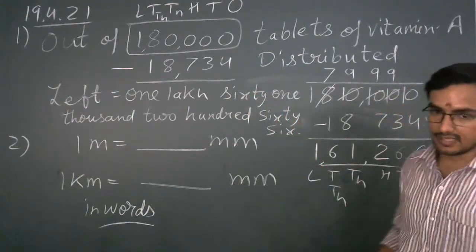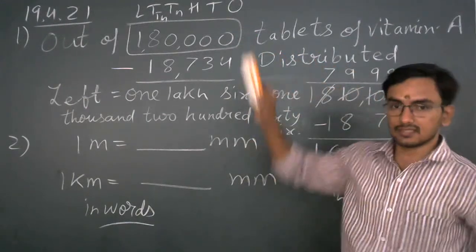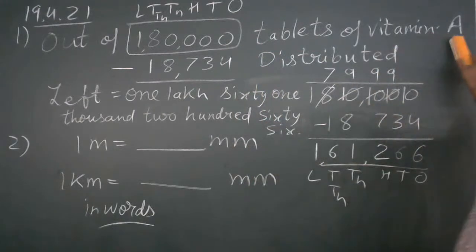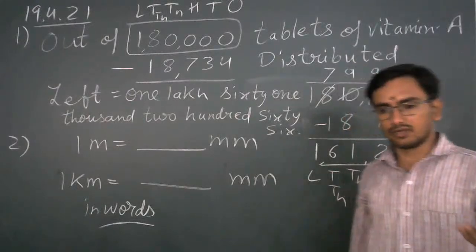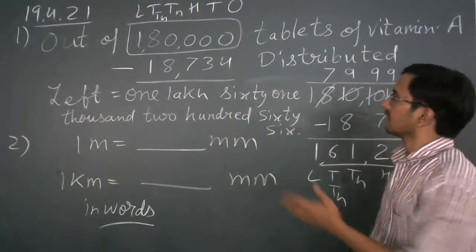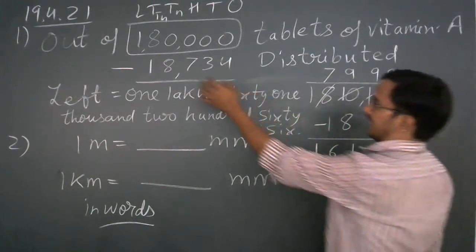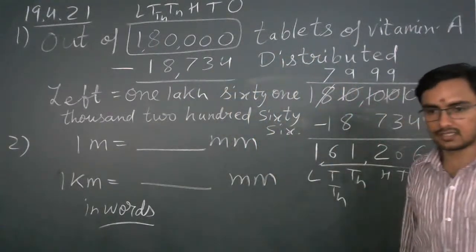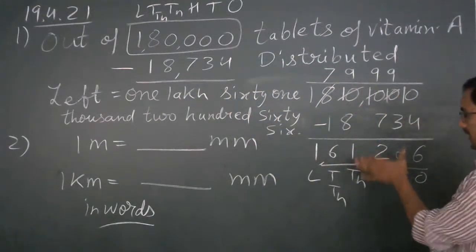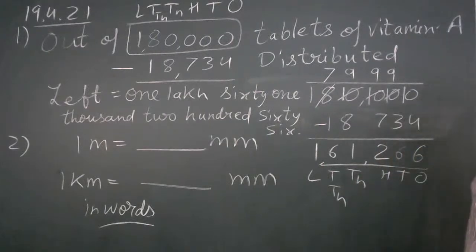Suppose at one of the medical centers, these many medicines came. Vitamin A. You know, nowadays we should have a good immunity, so we should take different vitamins. In the same way, 18,734 medicines were distributed. What is the number of medicines left?